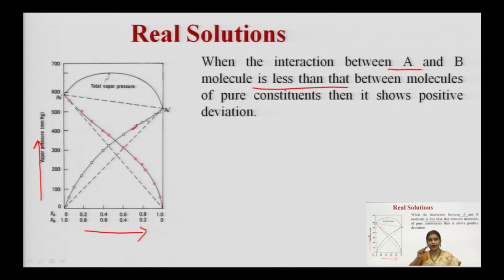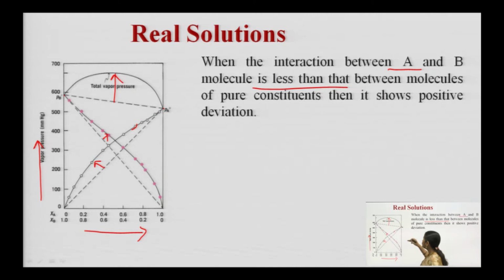In the previous negative case, we saw that the vapor pressure was decreasing, meaning the escaping tendency decreased. But here the vapor pressure is increasing, so the escaping tendency increases, and similarly here also the vapor pressure increases, and the total vapor pressure has increased.